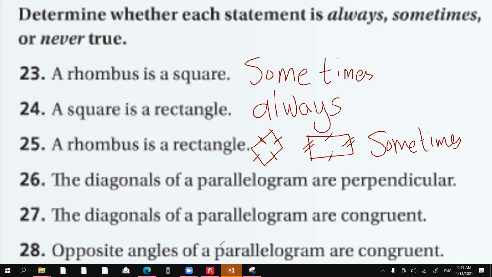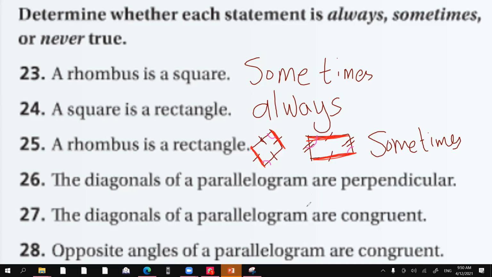What are the properties of the rhombus? All of the sides are congruent, which means any two sides are congruent. And in the rectangle, any two sides are congruent. In the rhombus, any two angles are congruent, and in the rectangle, any two angles are congruent.